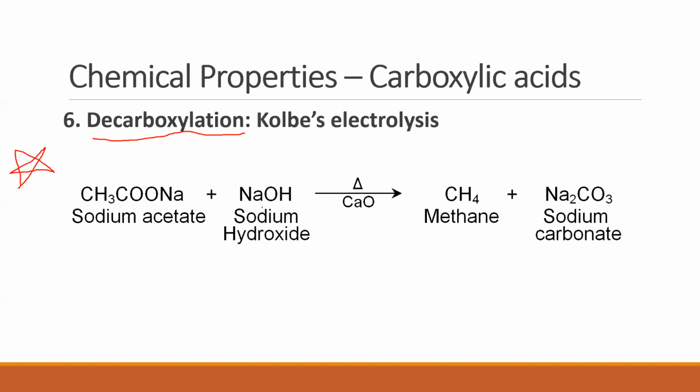How is it removed? It's removed with the help of NaOH and CaO. So it's a mixture of NaOH and CaO. This mixture is called soda lime. So what is this mixture called?